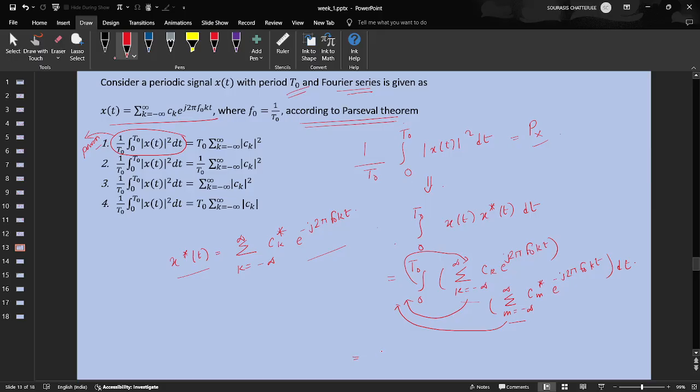What we'll essentially have is k runs from minus infinity to infinity, and m runs from minus infinity to infinity, c_m star, integral 0 to T naught e to the power j 2 pi f naught, this should be m here, (k minus m) t dt. Let us take this to the next page.